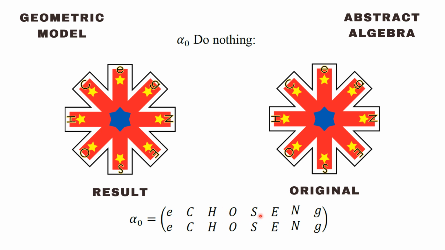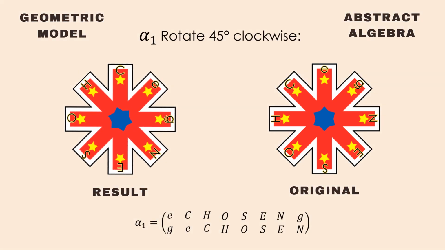The upper row of the notation will be the result, and the lower row will be the corresponding elements from the original figure. So E, E, C, C, H, H, O, O, S, S, E, E, N, N, G, G. So alpha sub 1, rotate 45 degrees clockwise.